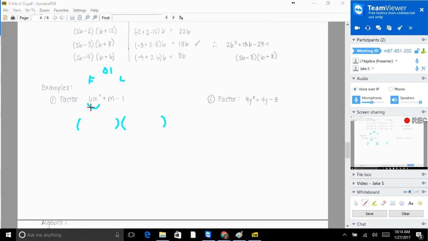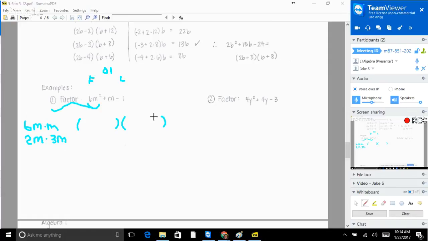So our possibilities are, let me write this off to the side. To make 6m squared, we could have 6m times m, or we could have 2m times 3m. So there's more than one way to make the first term. It's not just a standard, okay, this is easy, we can do this.